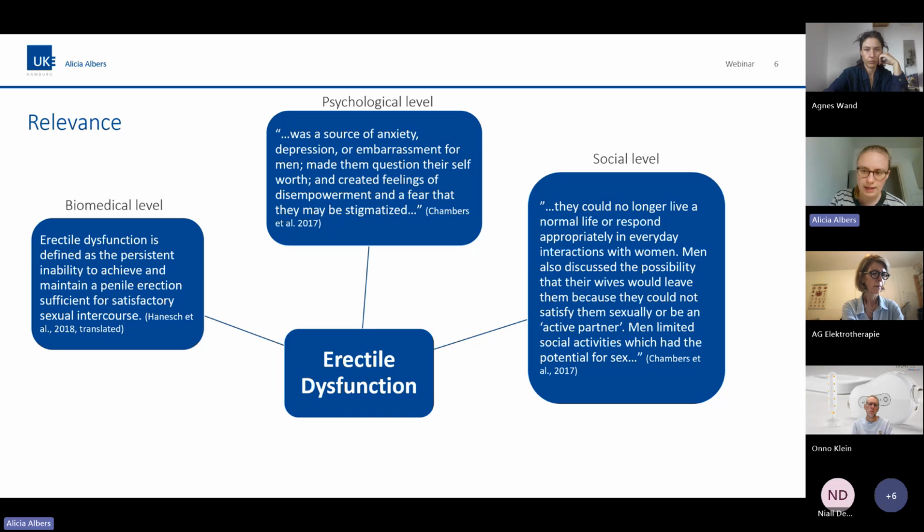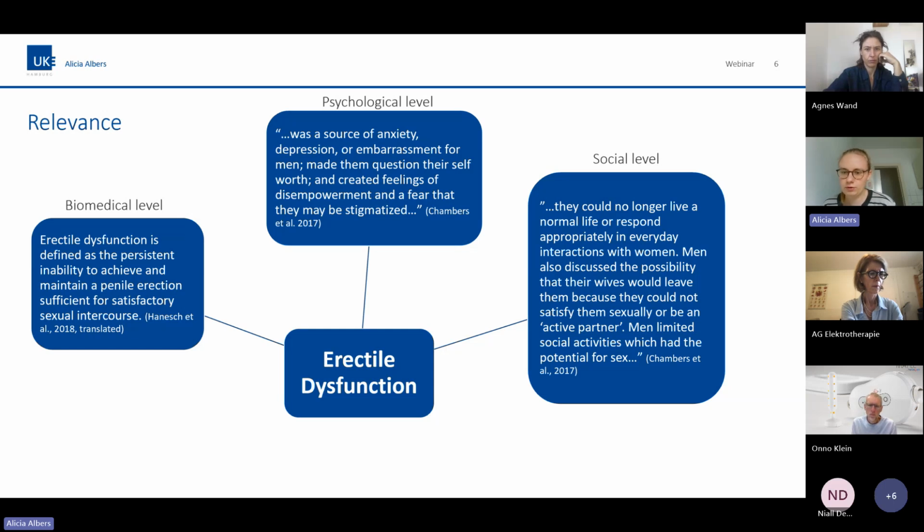And on a social level, I think it is also, of course, really interesting that the social level is affected. It's a problem of body function, but also socially, the men feel affected.